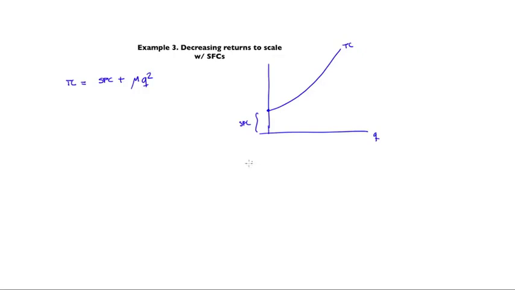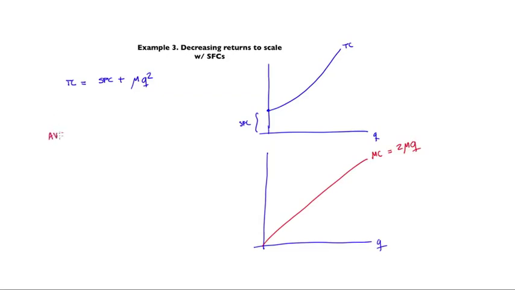Now let's draw the other curves as before, and let's start by drawing the marginal cost curve. Marginal cost is the derivative of this, which is going to be 2 mu Q, so the marginal costs are going to be something like this. Now let's do the average variable costs.